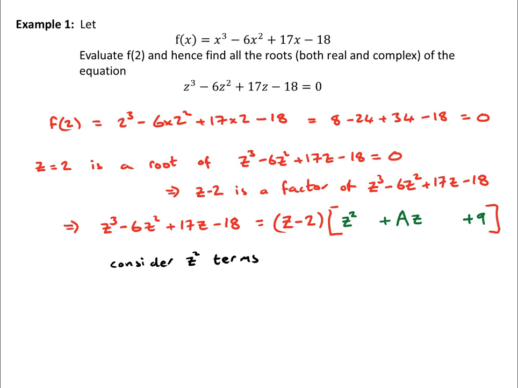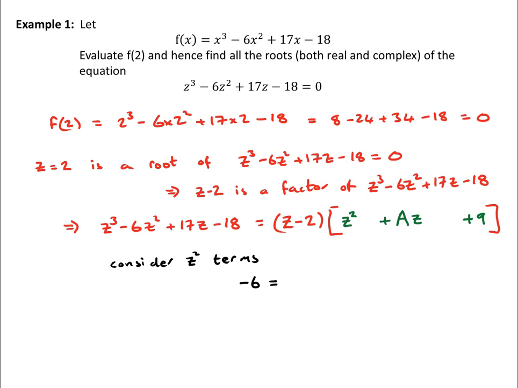in z cubed minus 6z squared plus 17z minus 18, the z squared term is minus 6. So we've got minus 6 must equal the z squared term when we multiply out z minus 2 times z squared plus az plus 9.